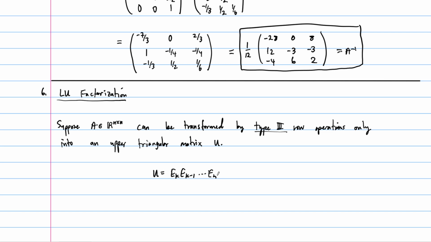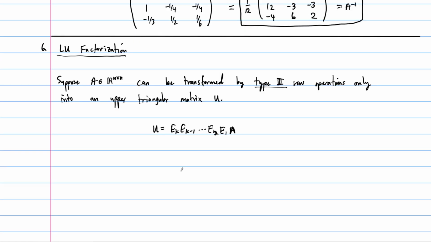That will end up being a product of elementary matrices times A, and that will give us U. And the idea is that because we're doing type 3 operations only, to transform this into an upper triangular matrix, each of these matrices will be lower triangular. So each of the E's will be lower triangular. And lower triangular matrices are preserved by matrix multiplication on the left, we'll say.